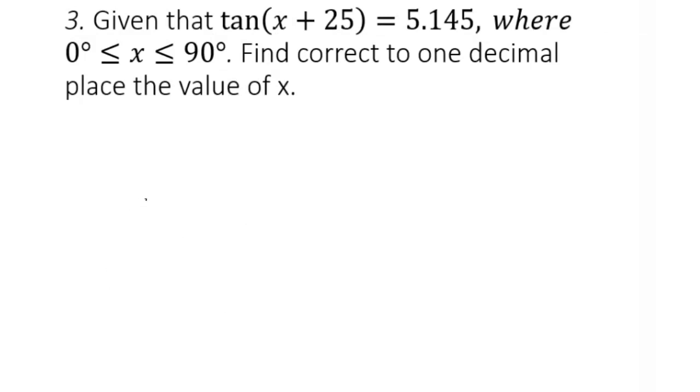Next, tan of x plus 25 is equal to 5.145, where x is an acute angle. Find correct to one decimal place the value of x. So tan of x plus 25 is equal to 5.145. We first take tan inverse on the right hand side.